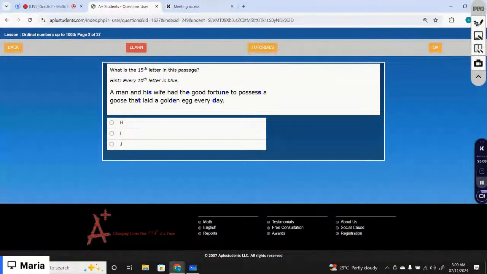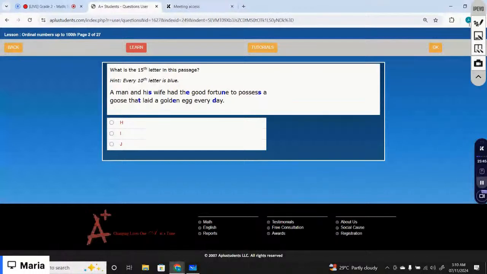What is the 15th letter in the passage? So which is the correct option? Sorry, not fifth, 15th.